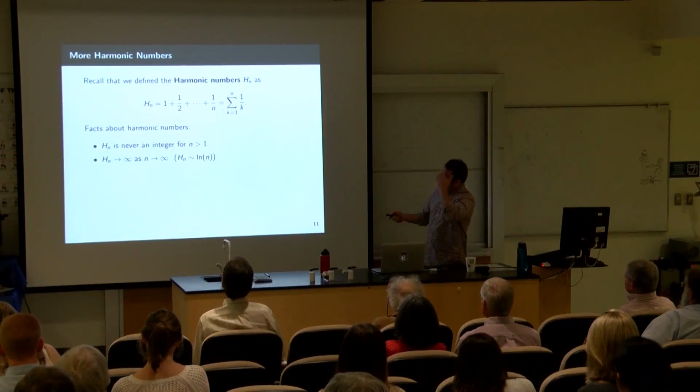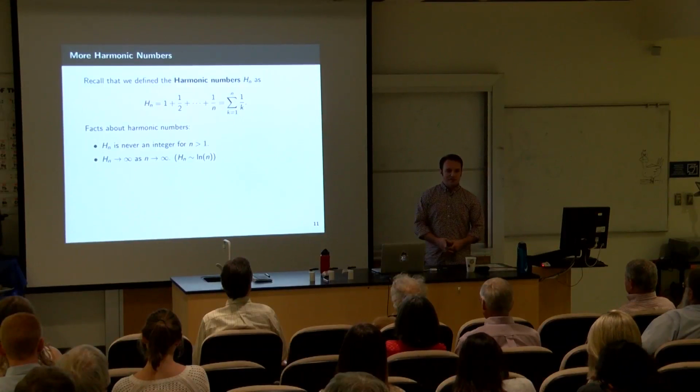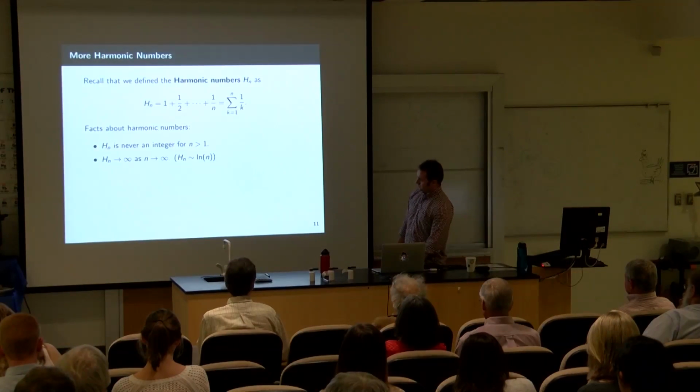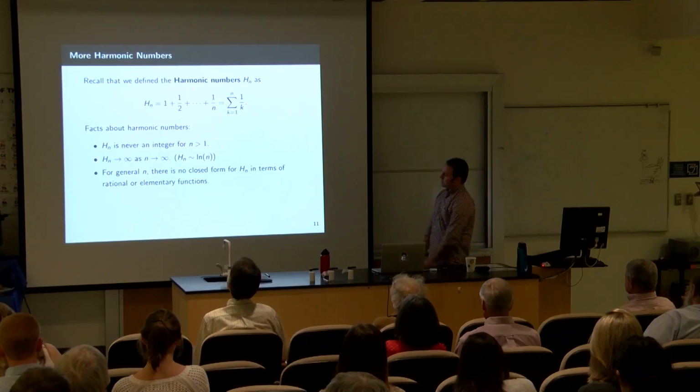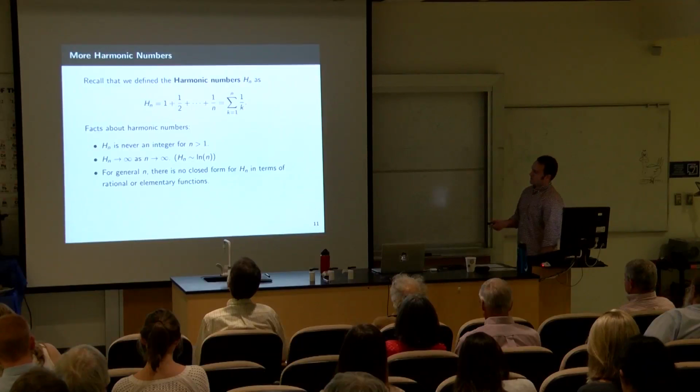And you can say a little bit more. You don't need this necessarily. But you know it diverges basically like natural log. And when you're in calculus, you see the integral test. And that's one way you can prove the harmonic series diverges. And this is important. For general n, there's no closed form for the nth harmonic number.